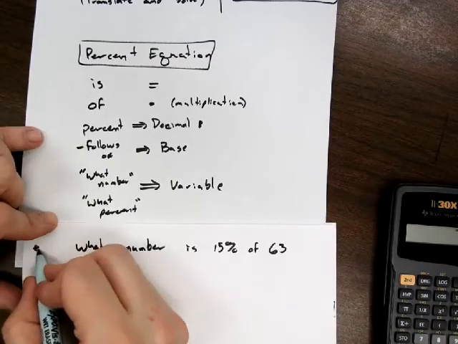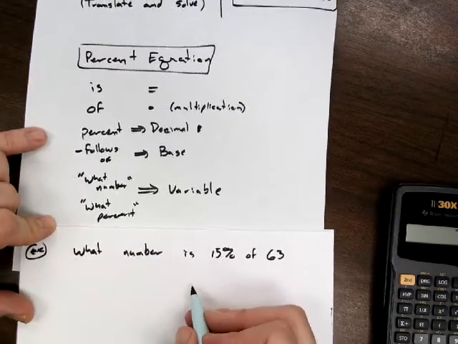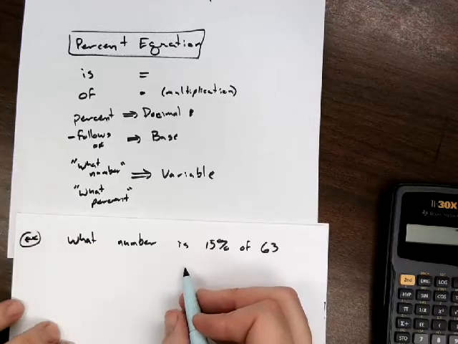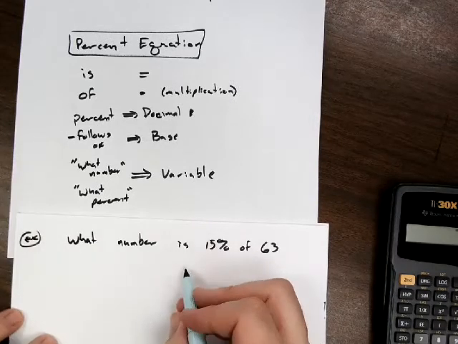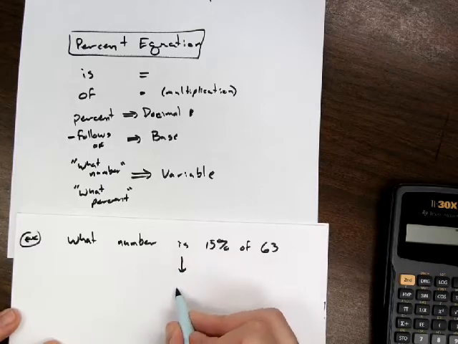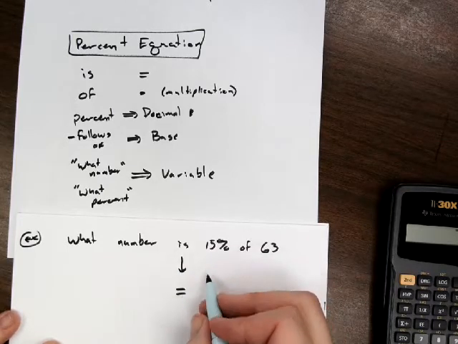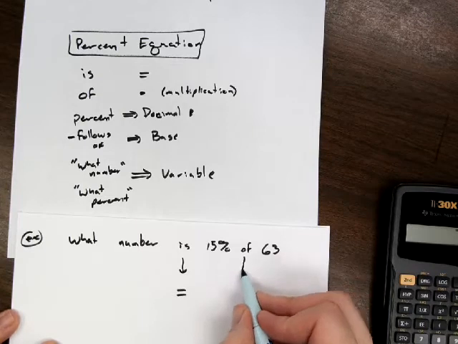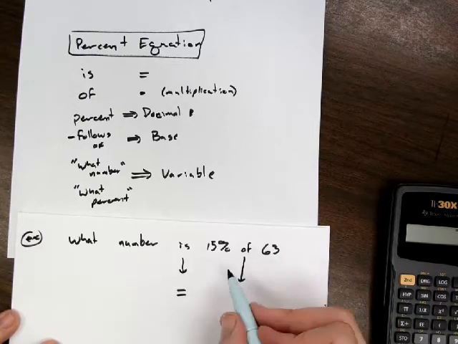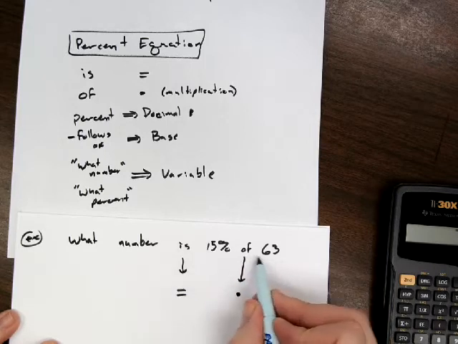So here's our first example. I usually like to start with the is, just because it tells us what sort of equation we've got. Is is always going to be equals. This of is going to be our multiplication. And like I say, we're going to have our percent, and whatever follows the word of tends to be our base.